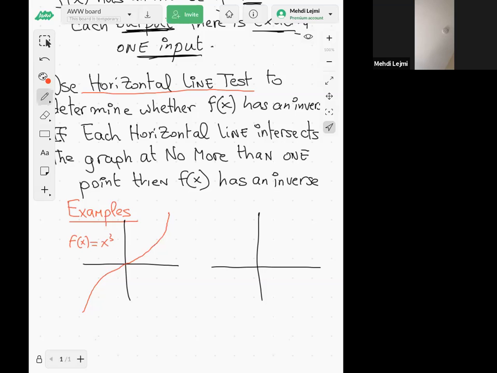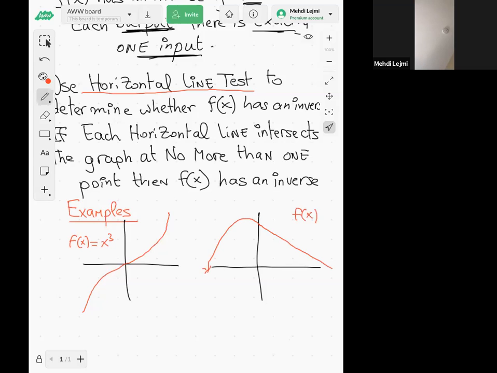And now let's have another function, which looks like a parabola. So let's say you have this. All right, so this is the graph of f of x.